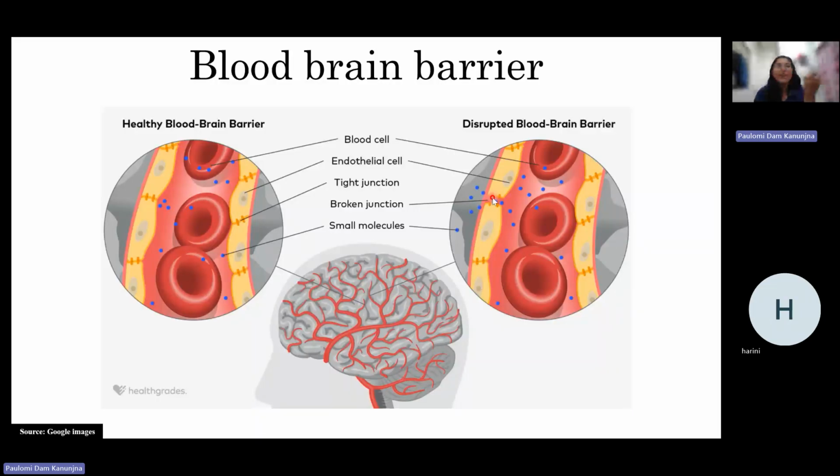Now, what is the blood-brain barrier? Your brain is not easily accessible to each of the components that enter your body, for obvious reasons. You want your brain to be protected. You don't want your brain to get exposed to every other thing that comes into the body.